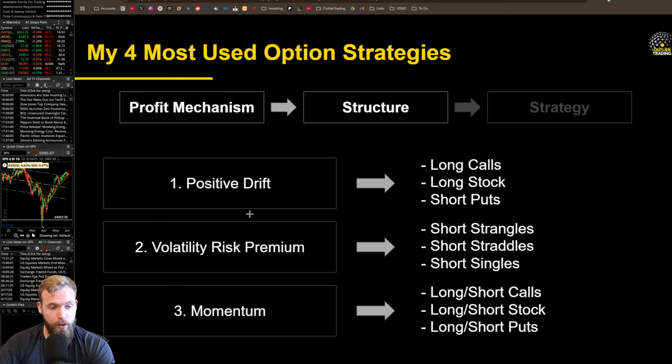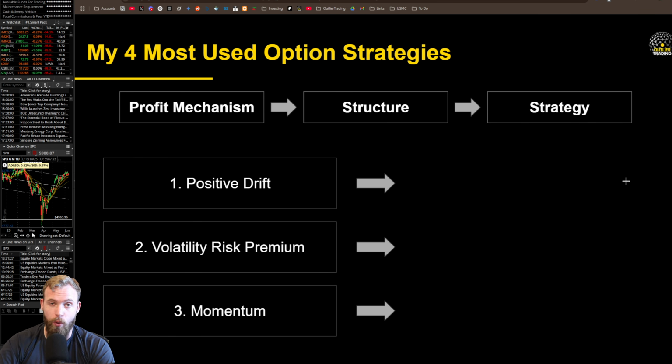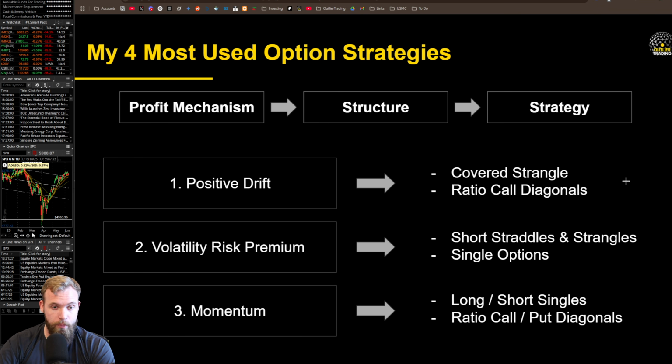However, the number of strategies that I use to trade the total profit mechanisms are all essentially going to boil down to what we're going to look at now, which are these. This is pretty much it. For positive drift, I'm going to trade things typically like the covered strangle or ratio call diagonals, which is upside based. I'm going to go through what each of these are on the next slide, so don't worry. Volatility risk premium.